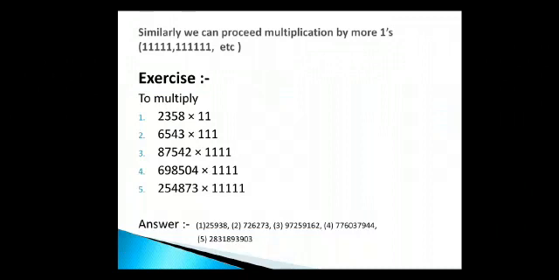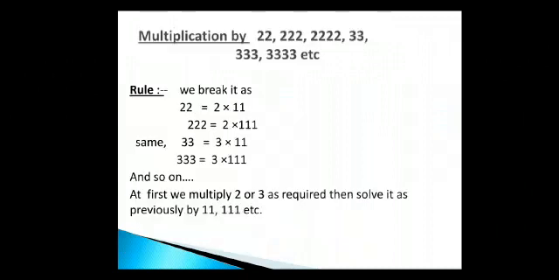Similarly, we can proceed with multiplication by more ones, the number which has ones as digits. And this is the exercise. Do the exercise. Again, multiplication by 22, 222, 2222, 33, 333, 3333, same as 44, 444, and so on. The rule is we break it as 22.